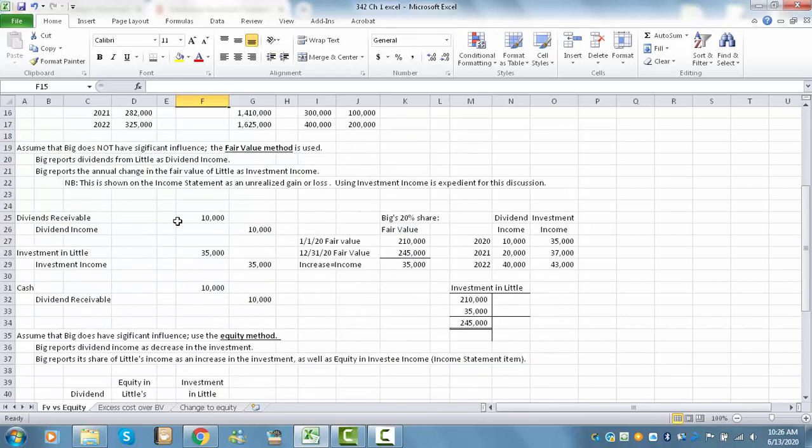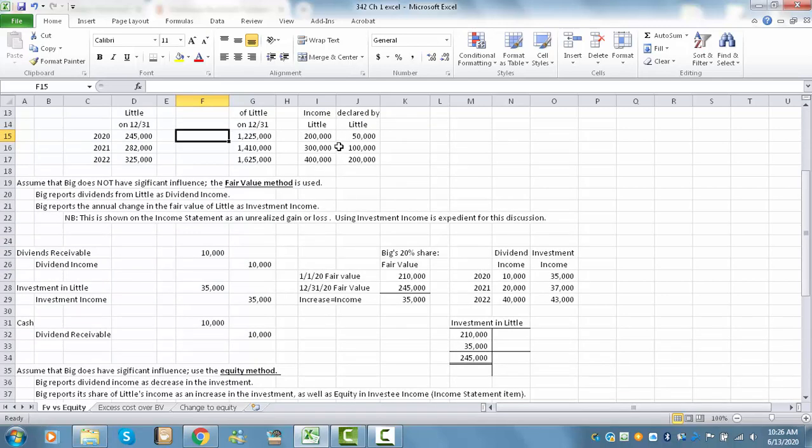Okay, so based on what we know, if there's $50,000 in dividends and we own 20%, then $10,000 is our share of the dividends. When they declare the dividends, we have dividends receivable, we have dividend income. When they pay the dividends, we get cash and we get rid of the receivable.